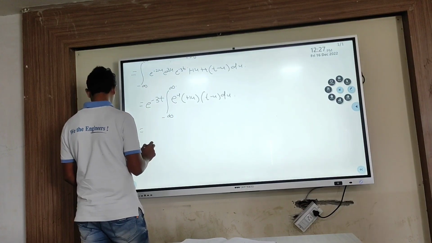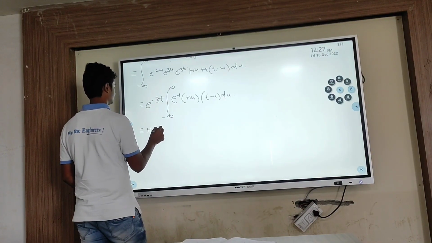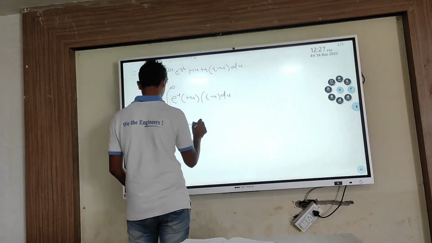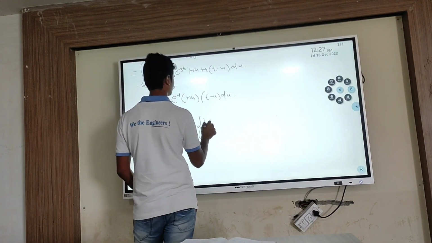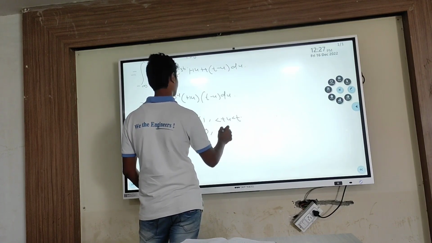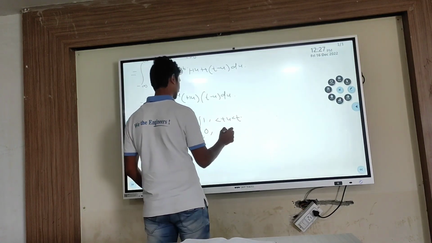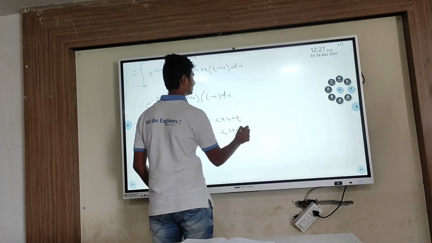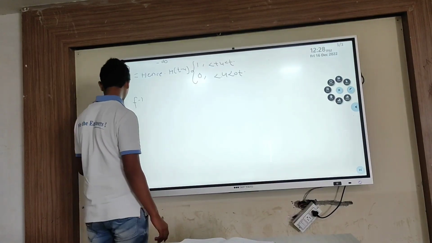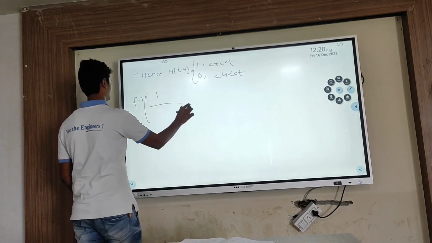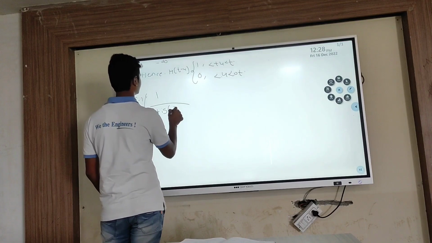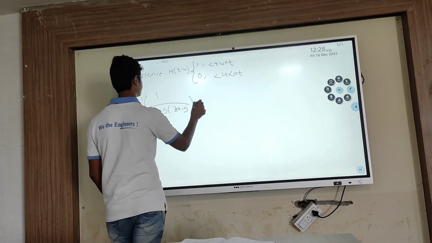Then we calculate h of t minus u, which is 1 for u from 0 to t, so we calculate it from 0 to t. And we calculate the inverse of 1 upon s plus 2 and s plus 3.